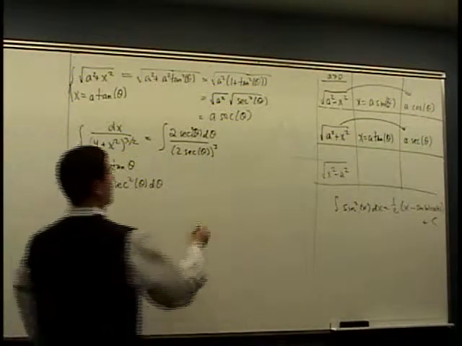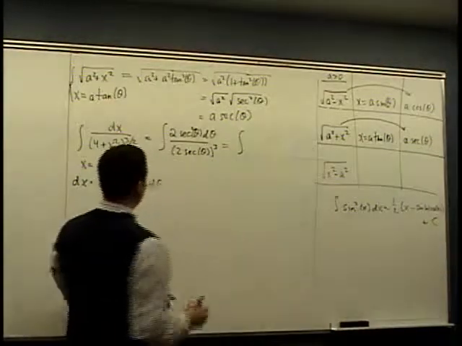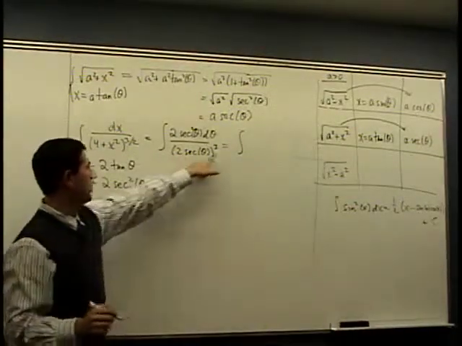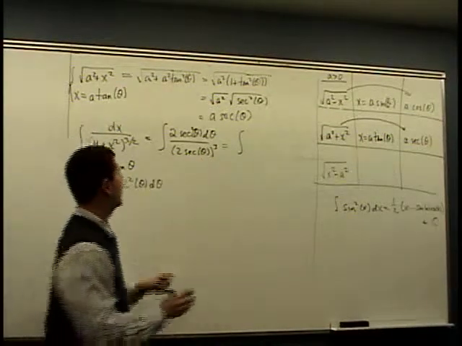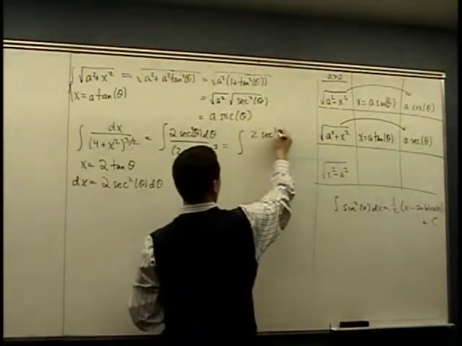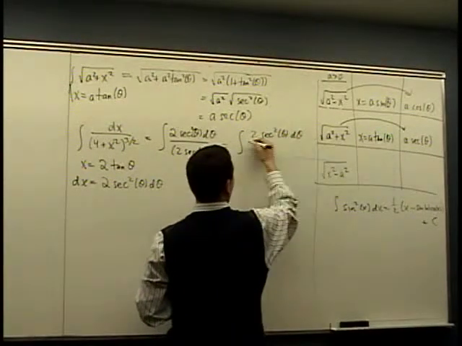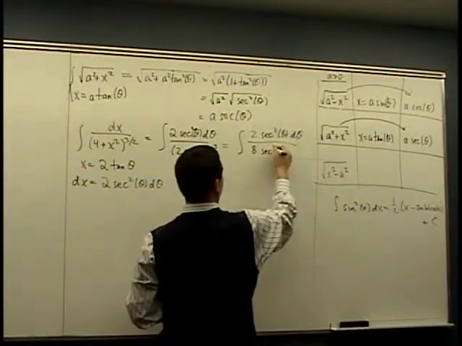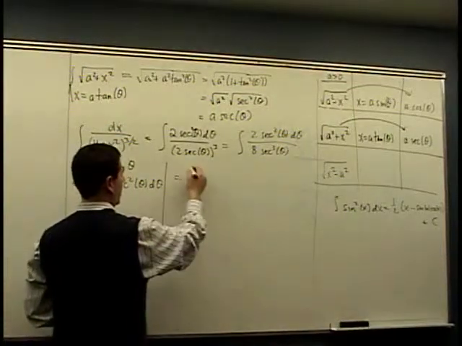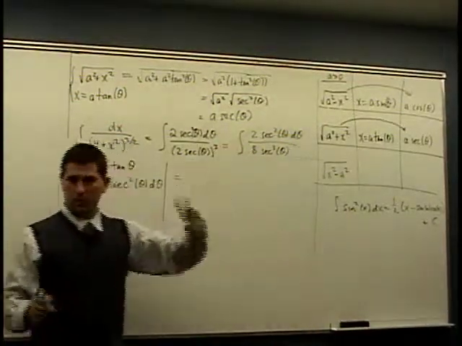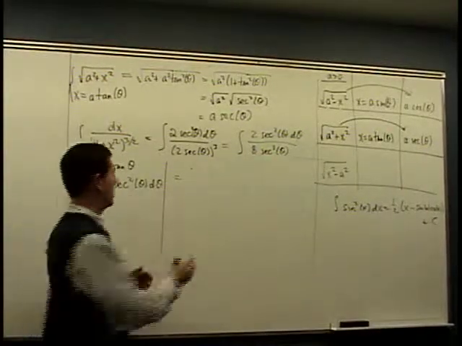Okay, this is not so bad. On the bottom, I have to cube everything, so I get 8 secant cubed. So let's see, 2 over 8 becomes a fourth. I can pull the fourth out.